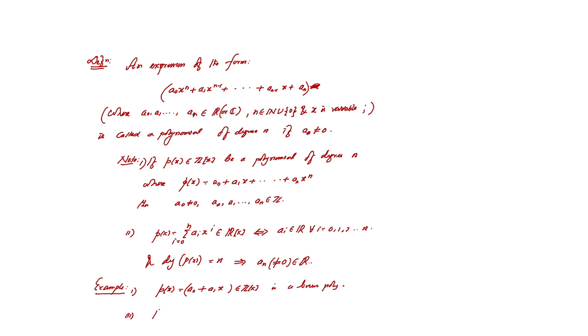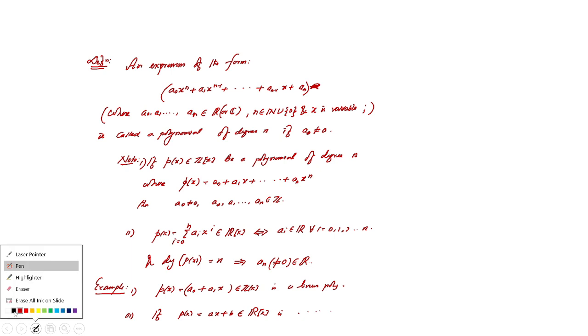Now if p(x) equals ax plus b, that is in R[x], this is also a linear polynomial. So based on the degree of the polynomial, we can say the names of different polynomials.